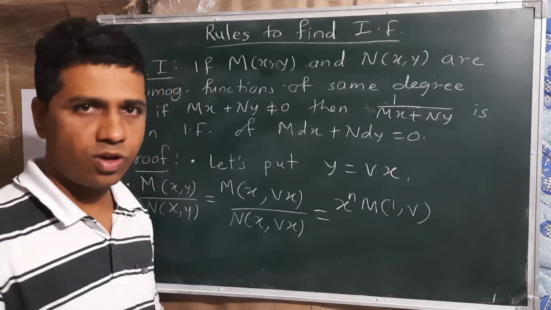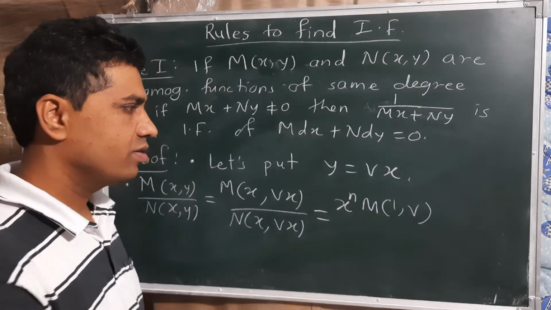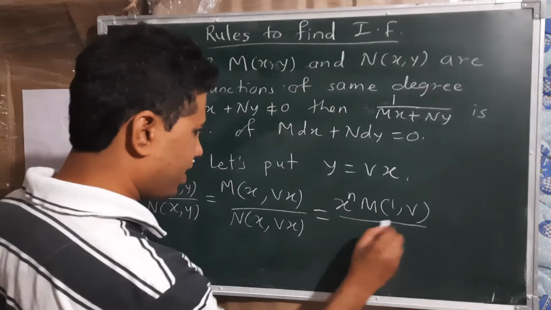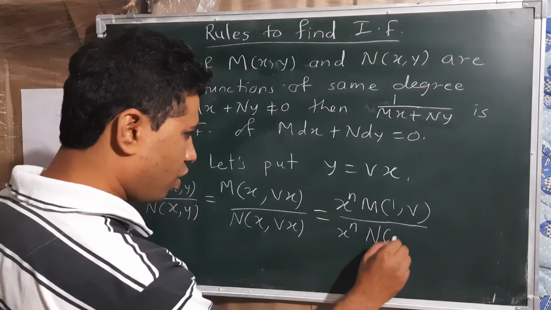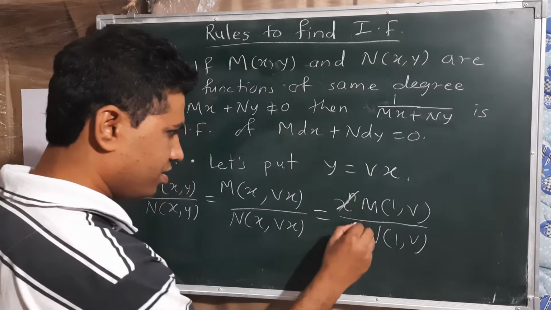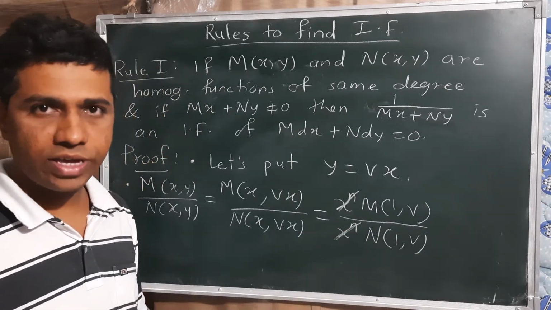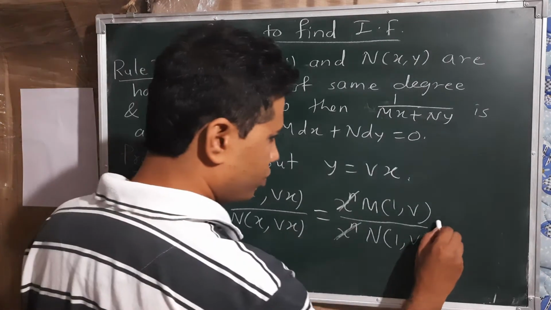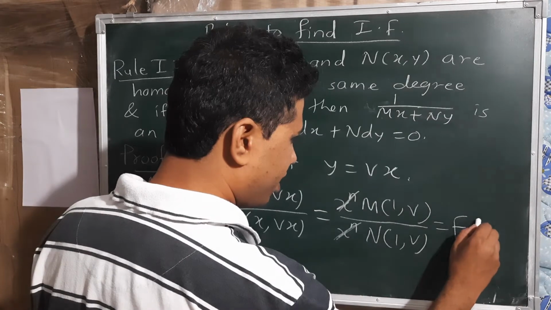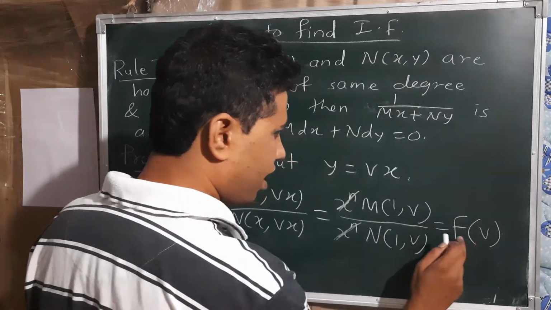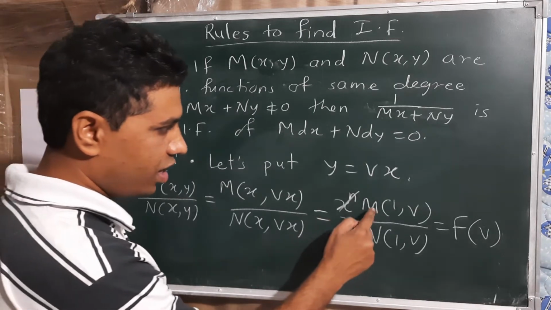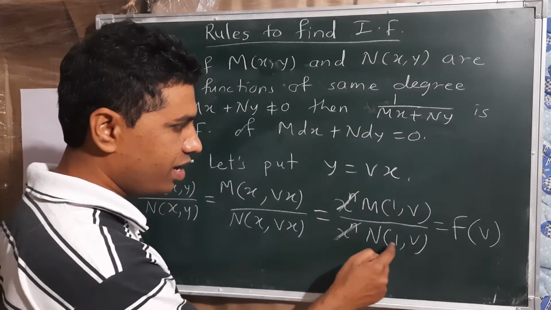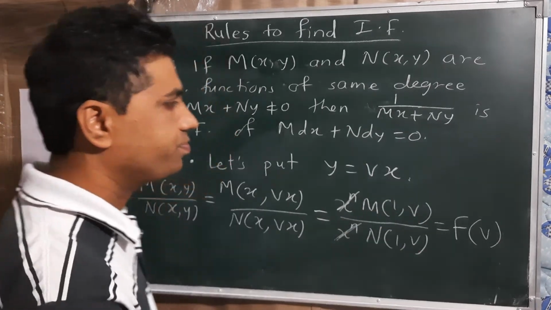This is the property of homogeneous functions, divided by similarly x raised to n, N of 1, v. This is a function of v only, so we may call the right hand side capital F of v. So capital F of v is M of 1, v divided by N of 1, v.